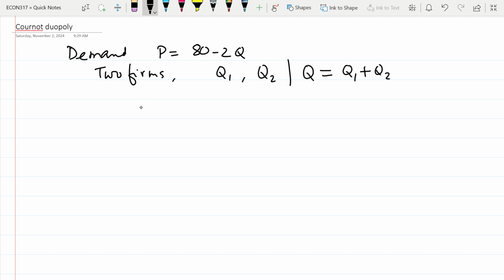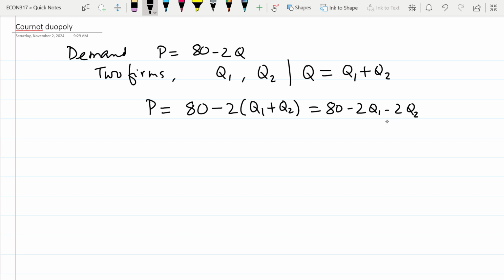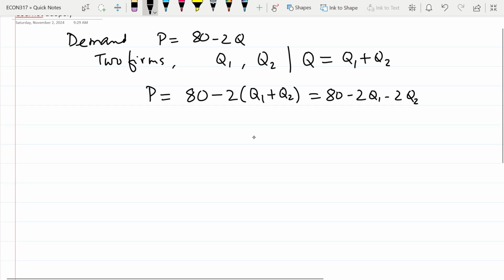I will rewrite now the inverse demand including the information of Q1 and Q2 as 80 minus 2 times Q1 plus Q2, which is 80 minus 2Q1 minus 2Q2. I distributed negative 2 to each term in the parenthesis.